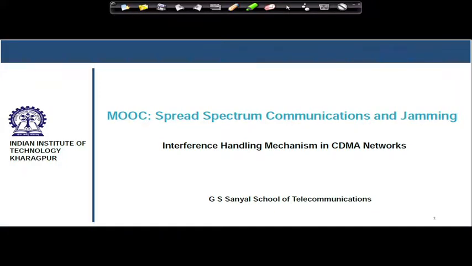But once the spread signal is transmitted over the air, because of multipath propagation and different kinds of fading, fading meaning the effect of the wireless channel on the transmitted signal in terms of amplitude, phase, and frequency, the perfect orthogonality between the codes given to different users does not hold, and because of that huge interference is expected at the receiver, both in the uplink communication, from mobile station to base station, as well as in the downlink communication, from base station to mobile station. So, let us see the different methods.